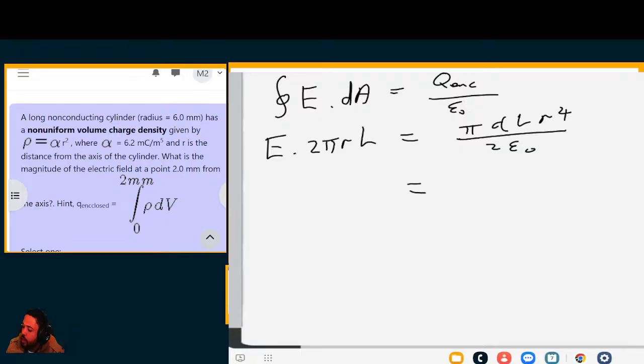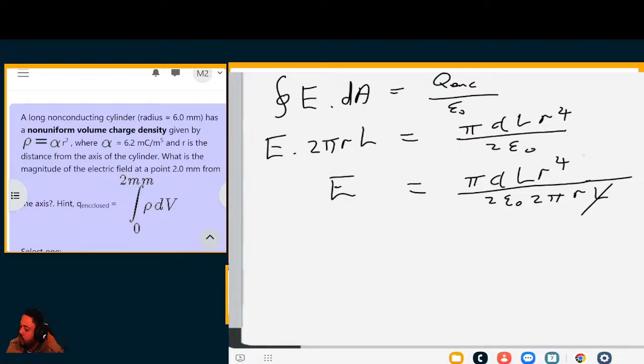If we divide on both sides by 2 pi R L to get the electric field alone, we have pi alpha L R to the power 4 over 2 epsilon naught times 2 pi R L. The L's cancel.